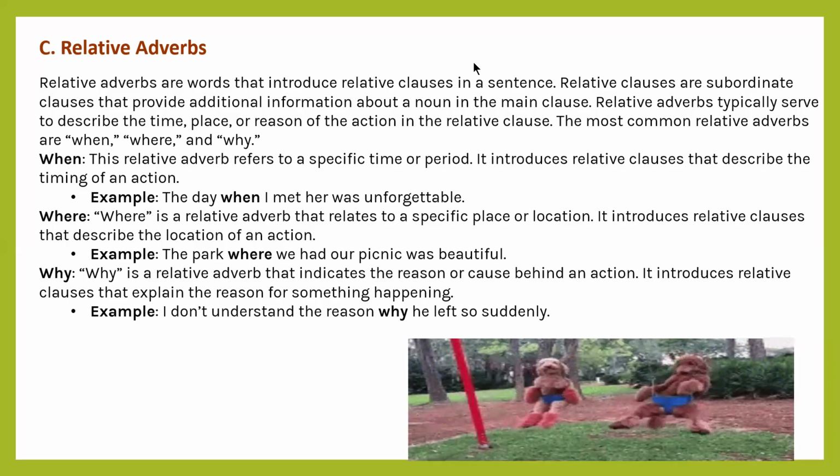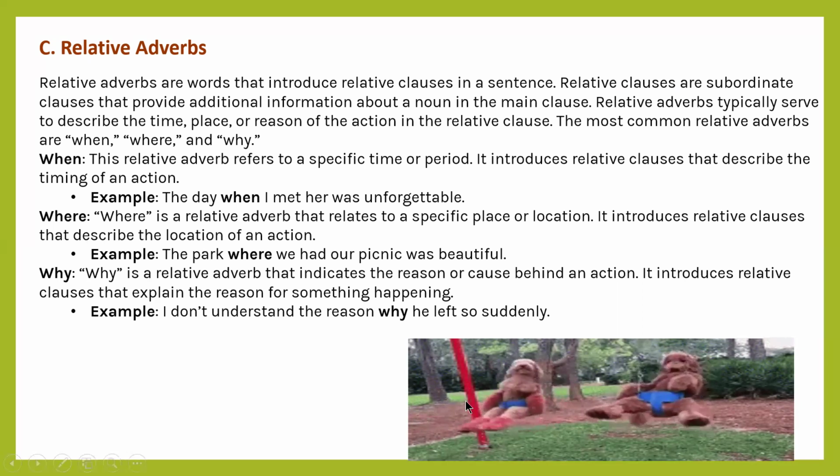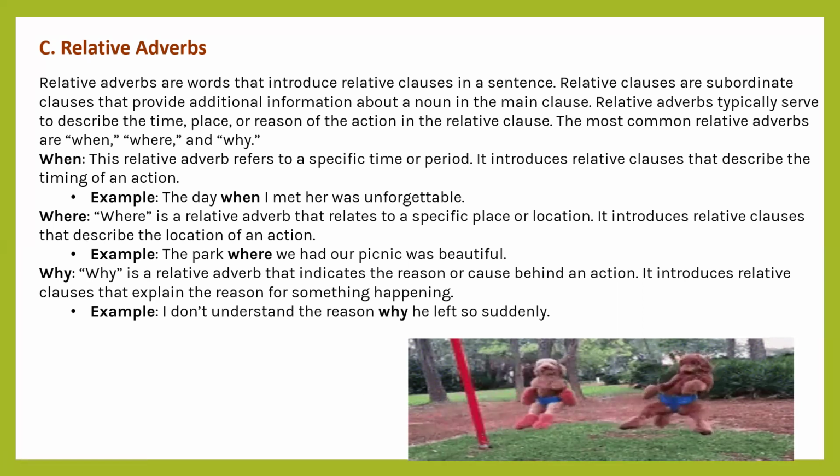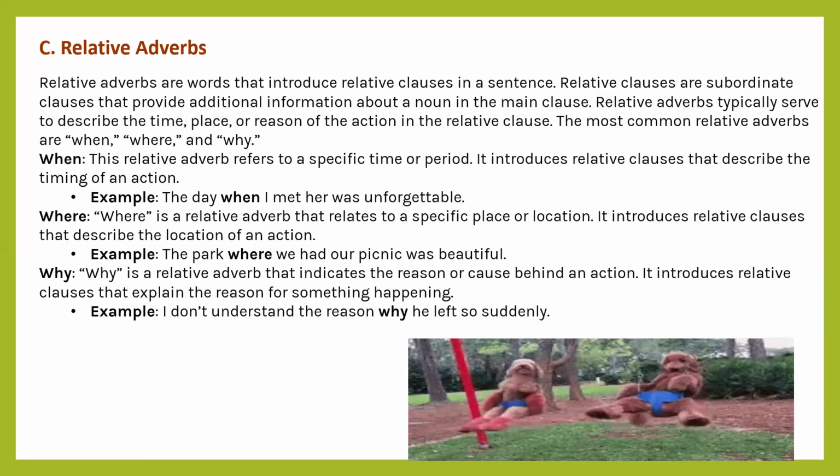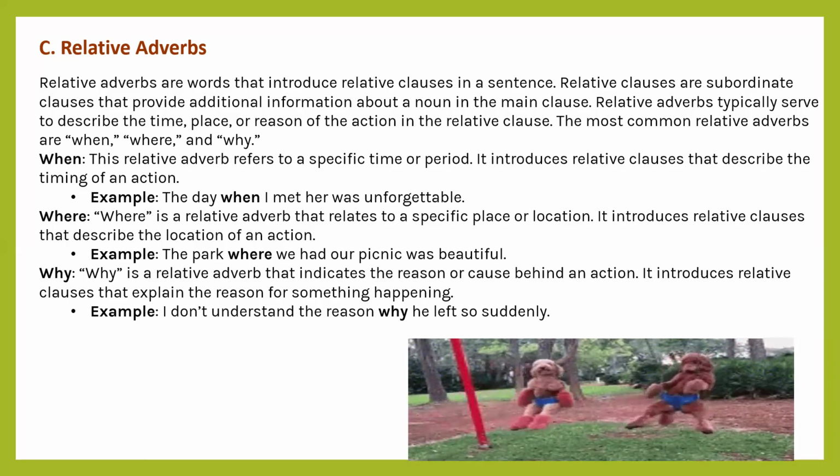In the relative clause, the most common relative adverbs are when, where, why. When refers to a specific time or period. It introduces relative clauses that describe the timing of an action. Example: the day when I met her was unforgettable.